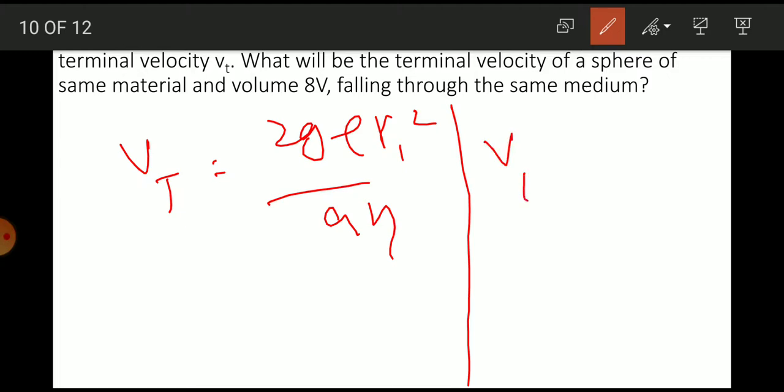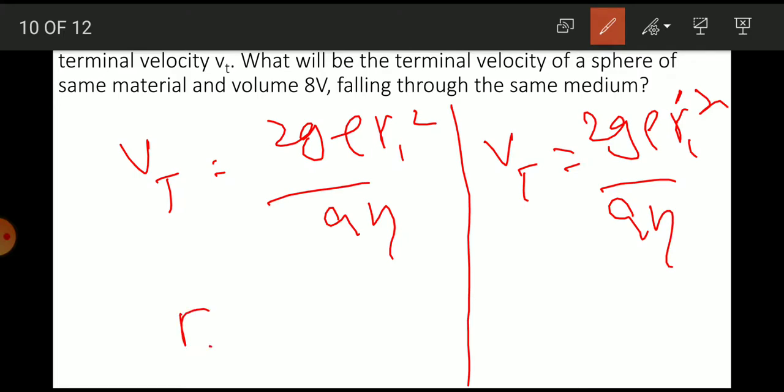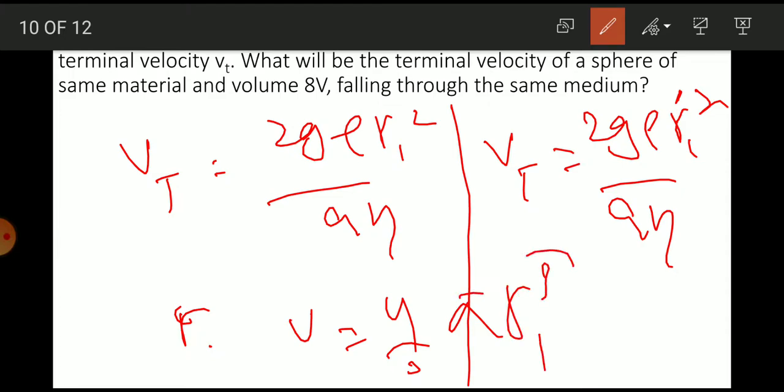When there is a change in volume, Vt prime is equal to 2g rho r1 prime square divided by 9 eta. We know that volume is equal to 4 divided by 3 pi r1 cube. You will calculate the value of r1 and put it in this equation and simplify.